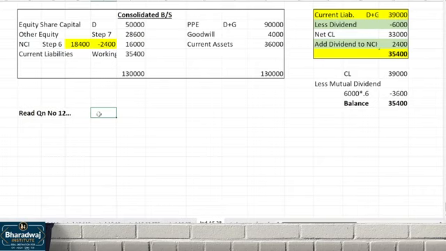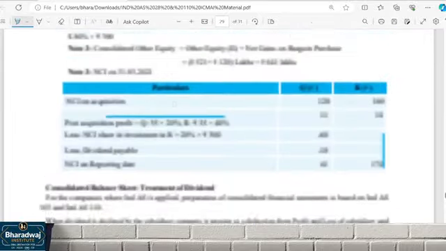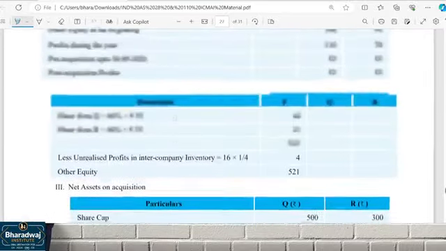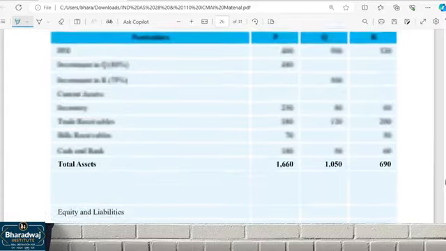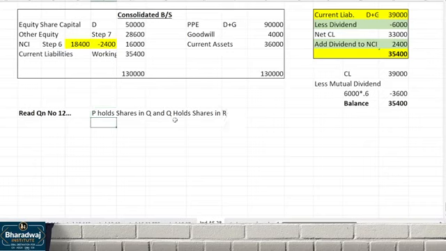Who are the companies in question number 12? PQR. Read the question, please.